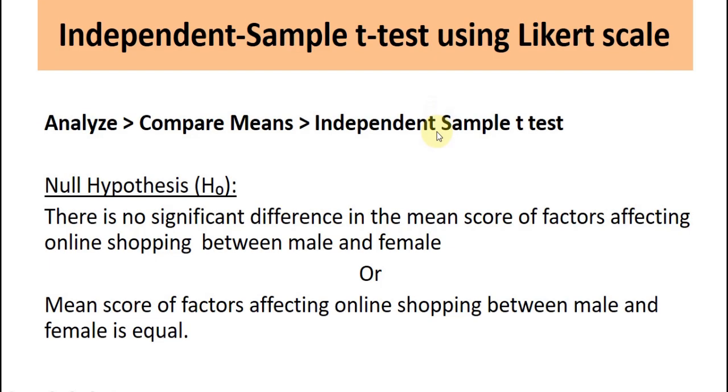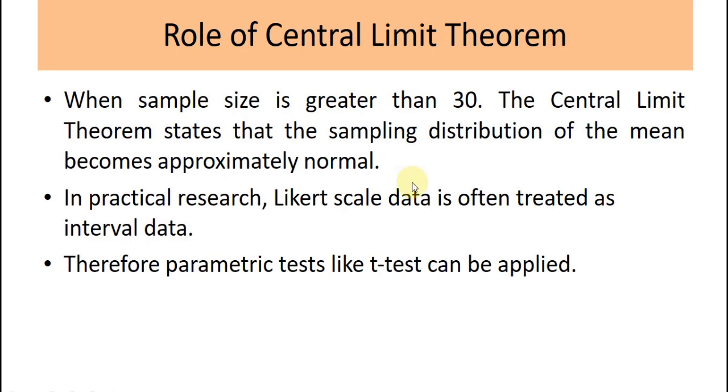Another example with the help of Likert scale data. This is the null hypothesis I have framed. In a parametric test, we have to check normality before applying it. But Likert scale data is not normally distributed because it is measured in ordinal scale.